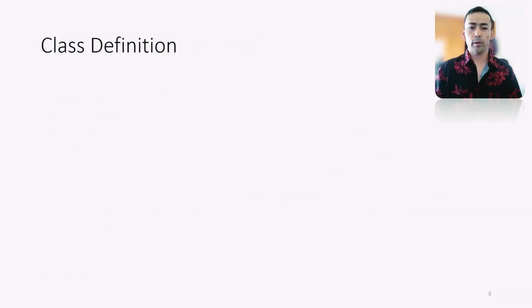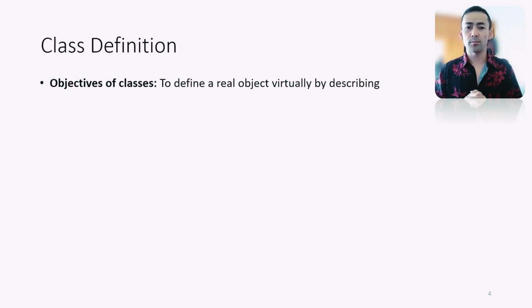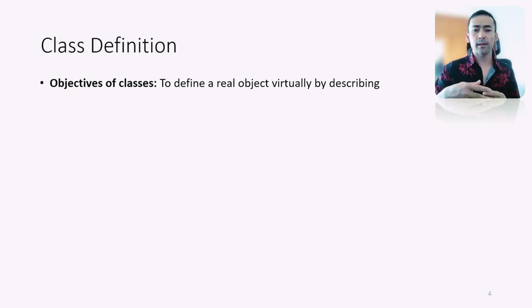Okay, the question is how we define a class. Well, the class objective is to define a real object by describing its attributes and its actions. The attributes of a class can be defined by variables, and the actions that are conducted on those attributes are mainly the methods or functions.